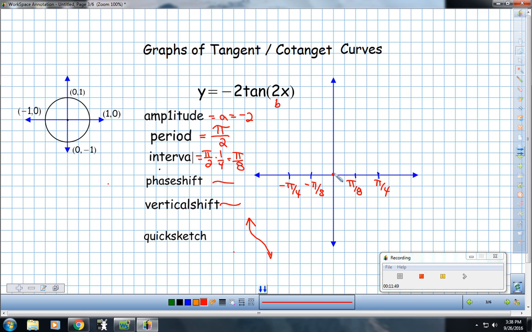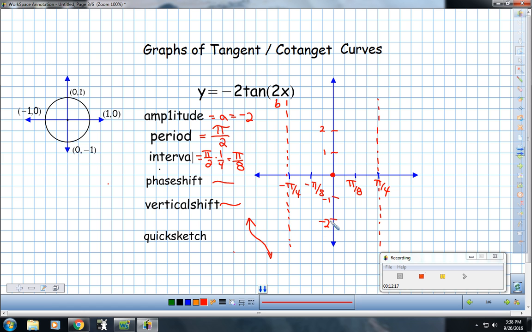We know that at 0, it's 0. And two intervals away in both directions, we're going to have asymptotes. And then at pi over 8, if the A value is 2, then it's going to be already at 2 by the time it gets to that interval.